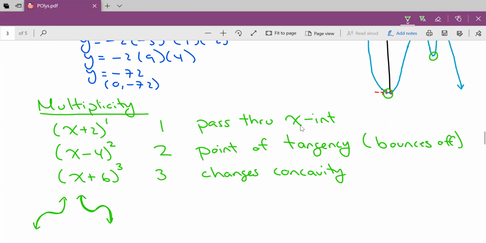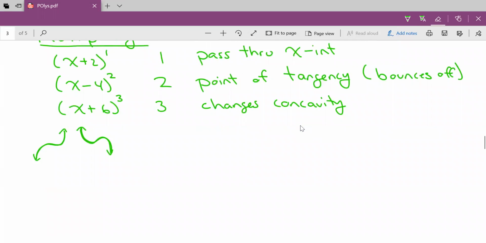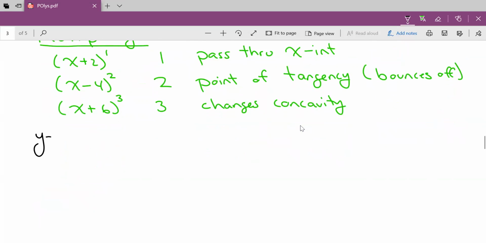So let's see if we can draw one of these. I give us the function x minus 5 cubed, x plus 3 to the exponent 1, x plus 6 to the exponent 2.